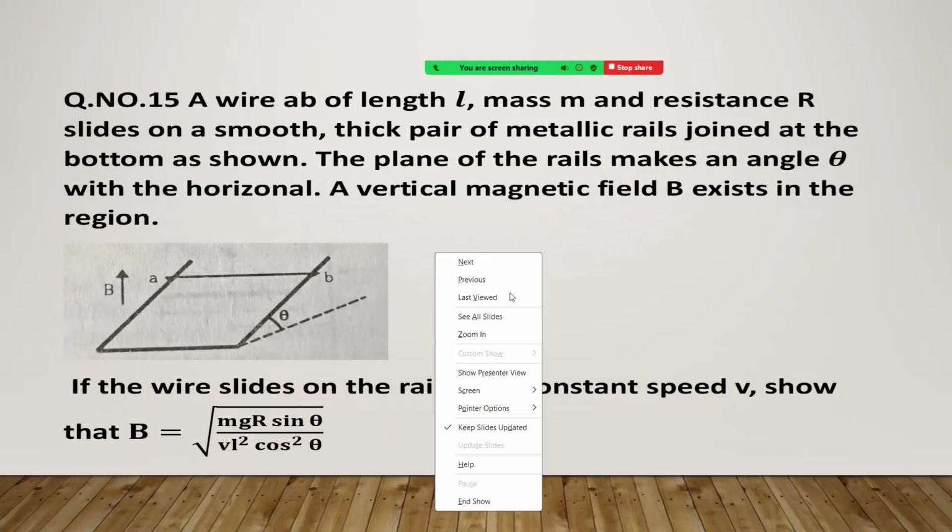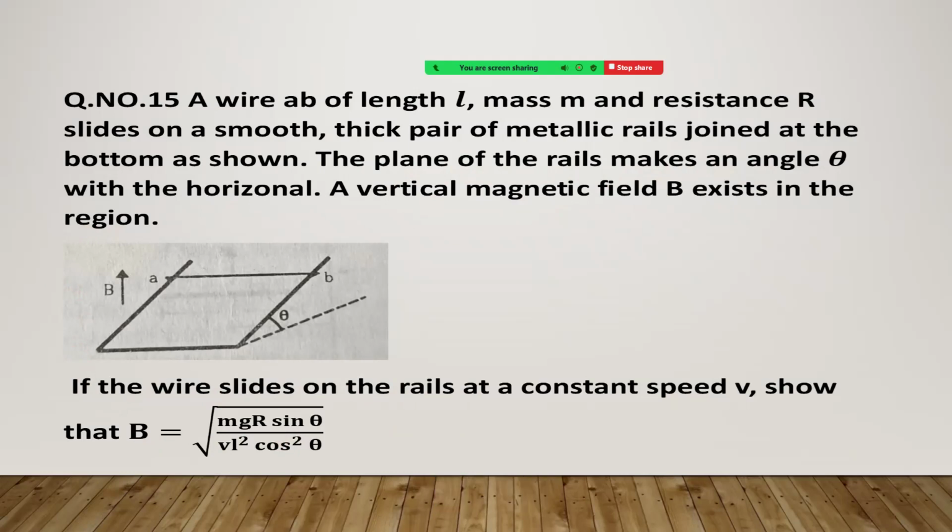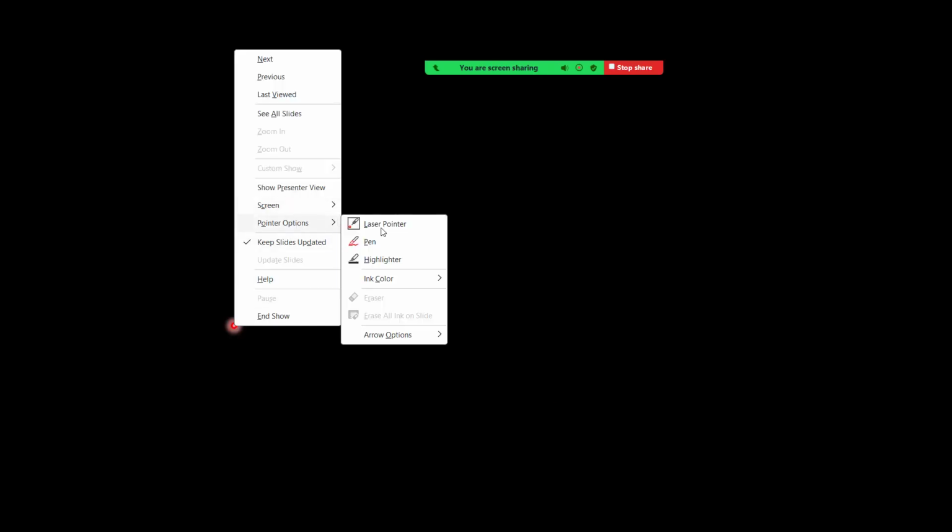Let us see now how to make the calculation. First of all, see the condition given. It slides at a constant velocity. Make a diagram, given diagram.